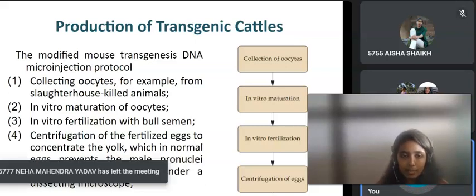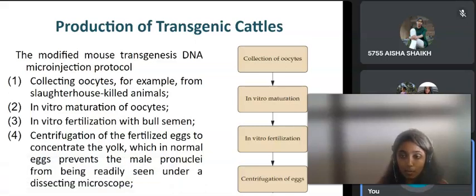Okay, and then we select the egg which has a proper pronuclei. If you recollect my first lecture, that is DNA microinjection, you would remember the pronuclei was important. So what we will do here is we will centrifuge all the eggs that we have collected and fertilized. Why? Because when you centrifuge, the yolk will get concentrated.